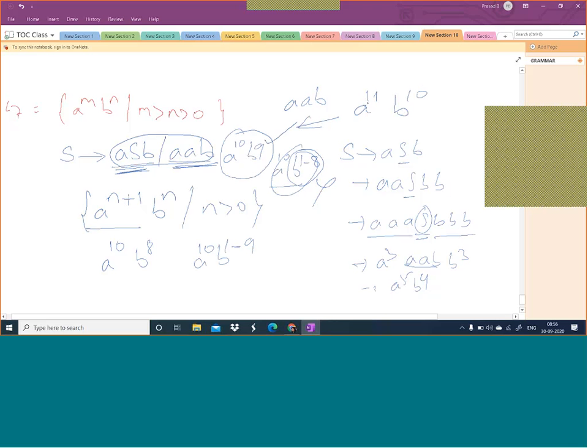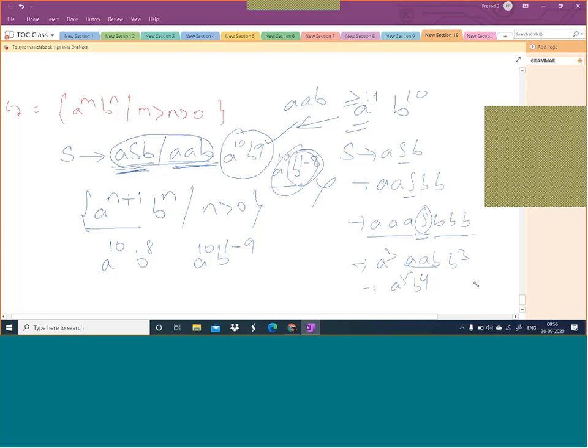So what is the solution for this? Here, Tamiksha, you have given one solution. The problem with that solution is, you wrote S dash AAB, and A dash AA and epsilon, B dash BB and epsilon.